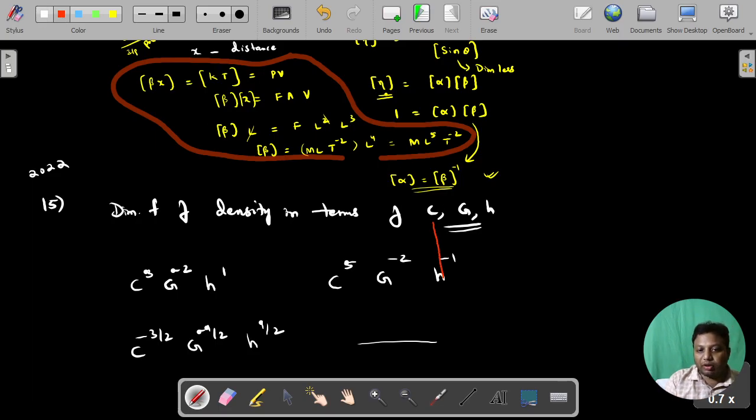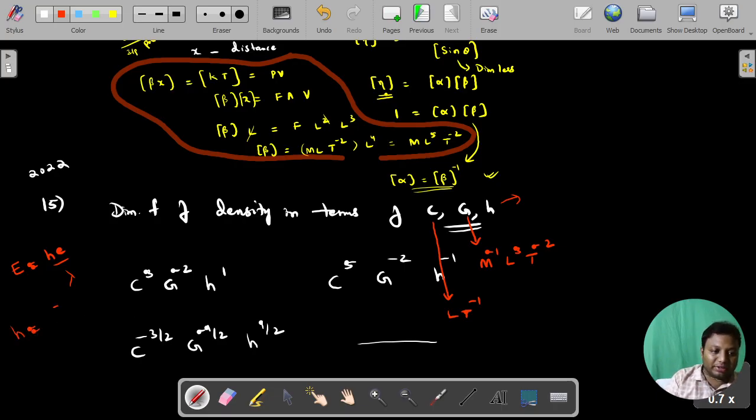For the speed of light we write the dimensional formula as LT minus 1, okay, and G means universal gravitational constant. For that we write the dimensional formula M inverse L cube T minus 2, okay, and H is Planck's constant. We know the formula E equal to hc by lambda.